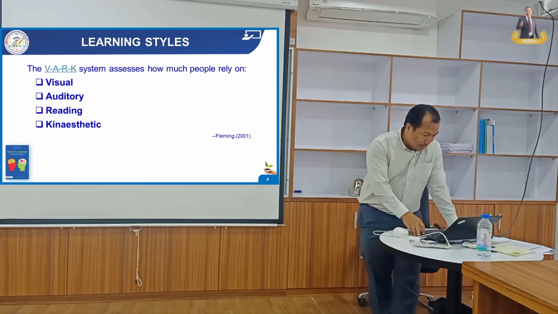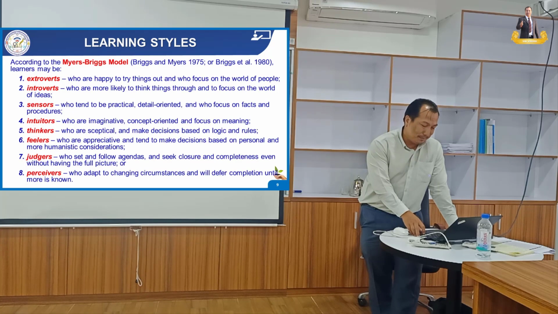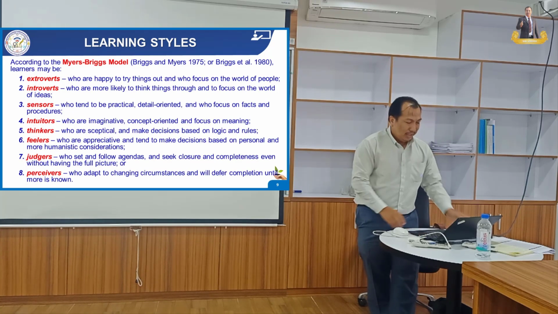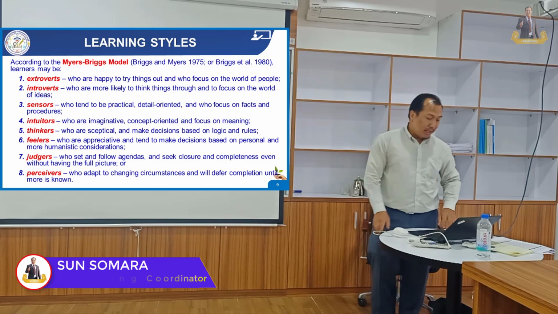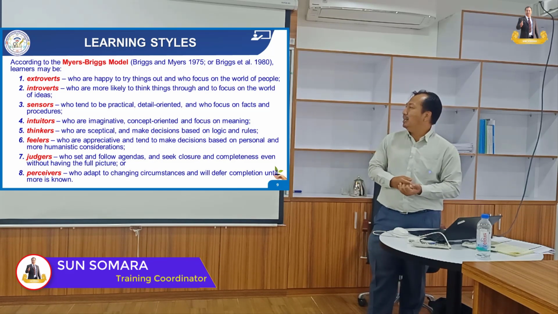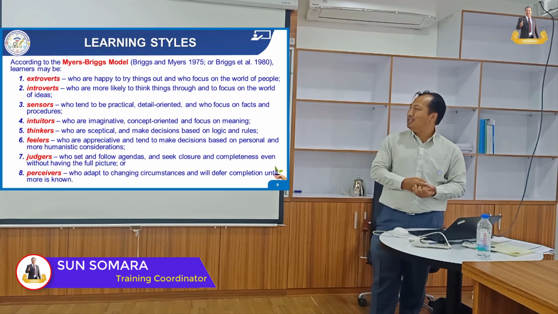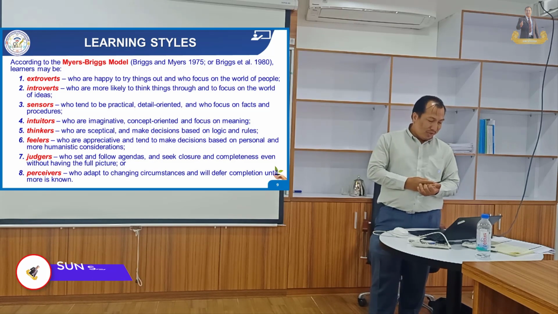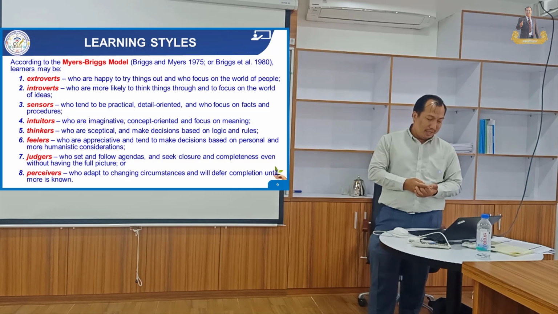Sometimes they have 3, sometimes they have 4, different from one to the other. Anyway, according to the Myers-Briggs model, there are 8 learner styles. The first one is the extrovert, who is happy to try things out and who focuses on the world of people.